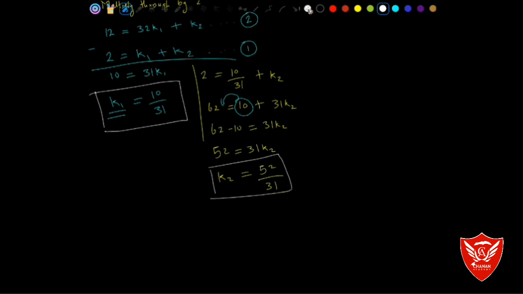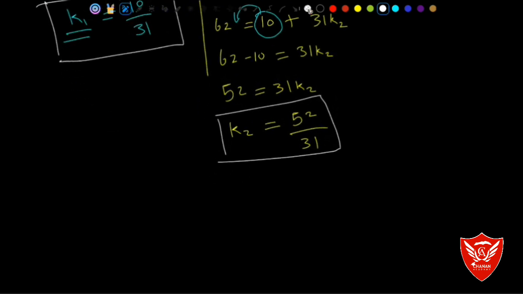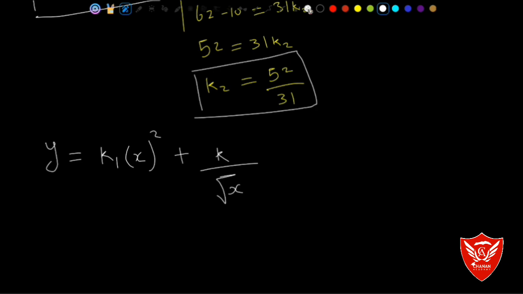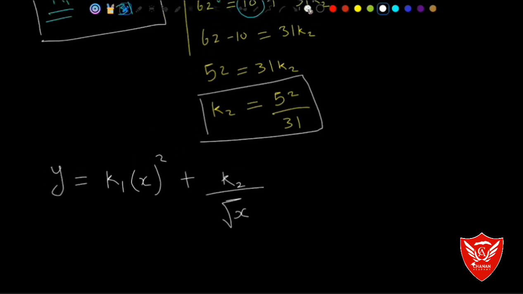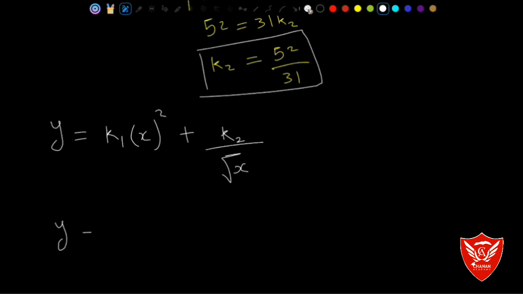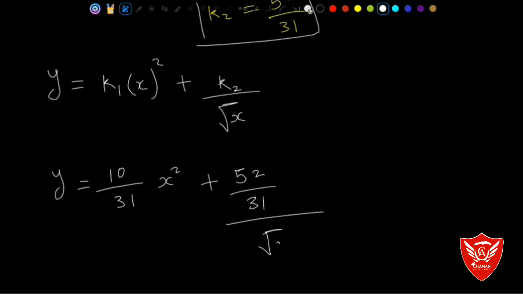But the question says that we should write down the expression for y. So it is the expression they want to know. And already we know that the variation is y equals k1 x squared plus k2 over the root of x. So we are going to substitute k since we know what k is now. So we are going to have that y equals k1 is 10 over 31 x squared plus k2 is 52 over 31 divided by the root of x.